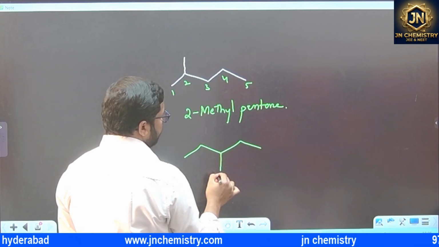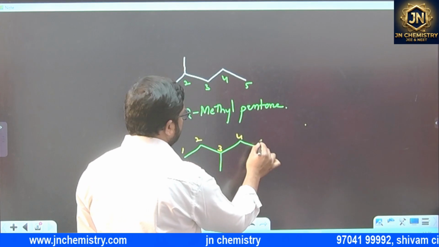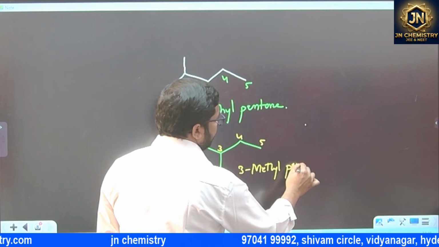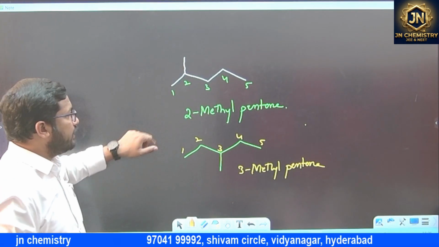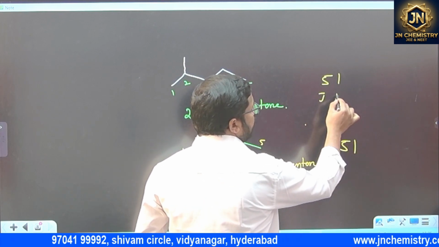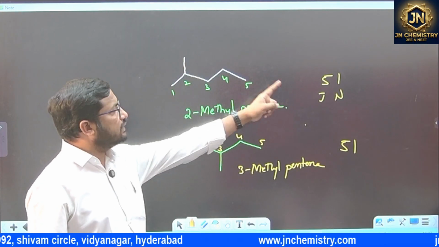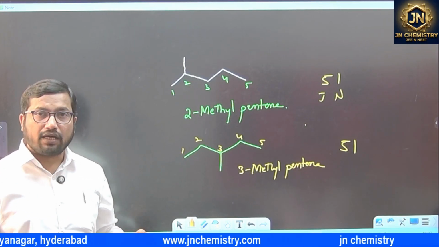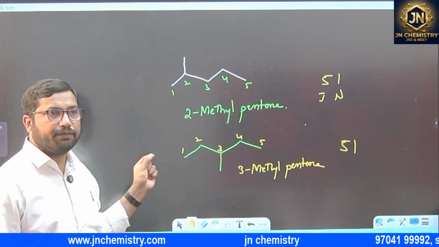Same if you are writing like this, 1, 2, 3, 4, 5, 3-methylpentane. In this case the parent chain number is same, 5 and 5. Parent chain, 5 carbons, only one substituent is there. So the minimum number of carbon atoms for an alkane to show position isomerism is 6. Numerical type of questions they are asking.